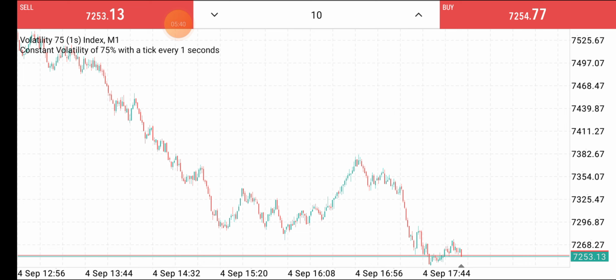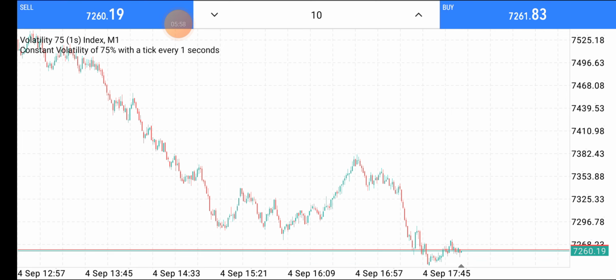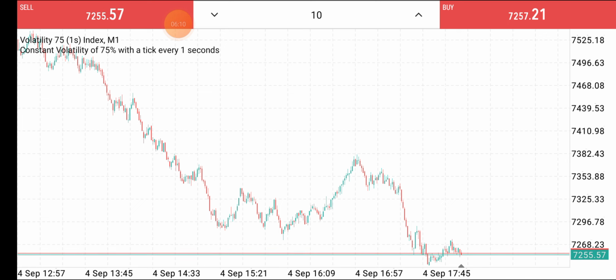If you don't have time to hold a trade for too long, the smaller time frames like 15 minutes and 1 minute are for you. You're a scalper. You exit a trade in less than 5 minutes, 10 minutes. You are a scalper. The time frames that are good for you are the 1 minute and the 15 minutes.